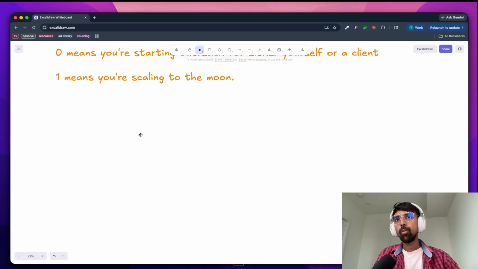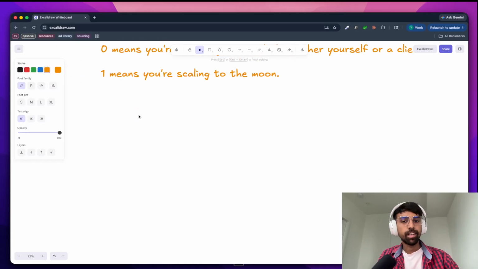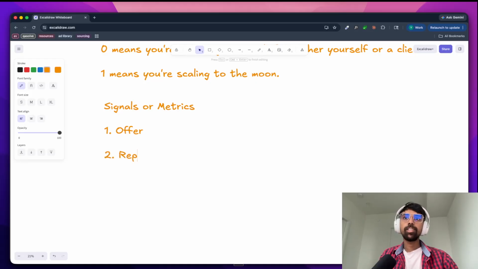So the way I see it, there are 3 or 4 different components, meaning signals or metrics, that we'll need to tackle here. The first thing is the offer. The second thing is that we'll need to look at reply rates.